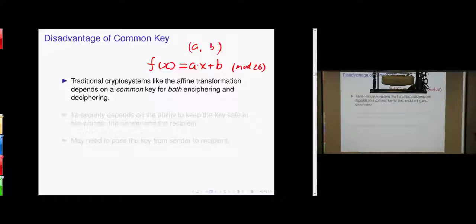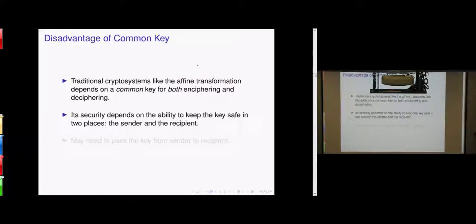There are some disadvantages. The security depends on the ability to keep the key safe in two places, the sender and the receiver. Also, you need to pass the key from one side to the other. There are lots of problems, because the more action you need, it's possible the information gets out and people can get the key and see your message.